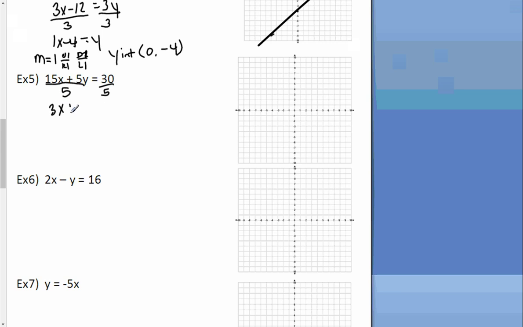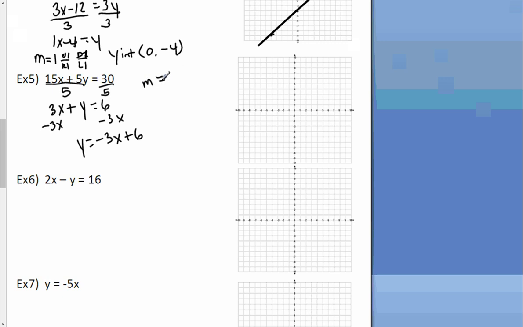Now the beauty of that is this becomes 1y or just y. And this becomes 6. Then all I have to do is subtract 3x from both sides. Real simple that way, right? That only works if everything has the same common denominator. So I end up with y equals negative 3x plus 6. All right, my slope is going to be what?